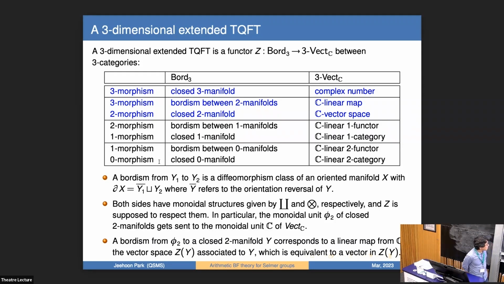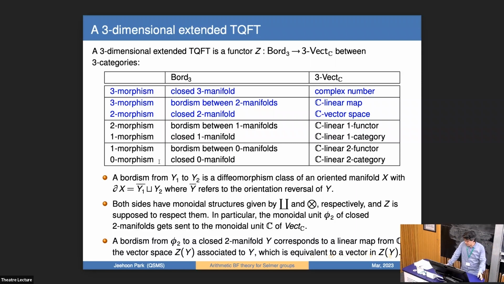So a Bordism from the empty two-manifold to a closed two-manifold Y corresponds to a linear map from C to the vector space Z of Y, which is equivalent to giving just one vector in this Hilbert space Z of Y. So this is the kind of data.